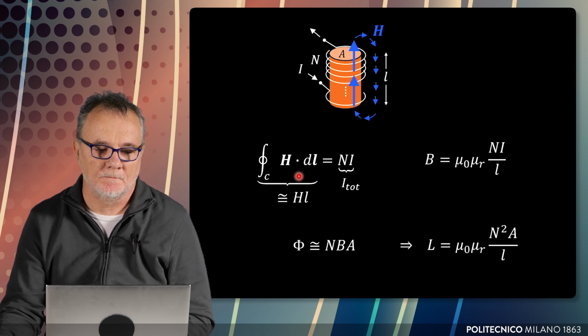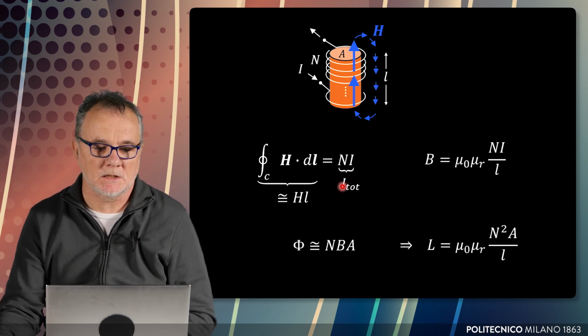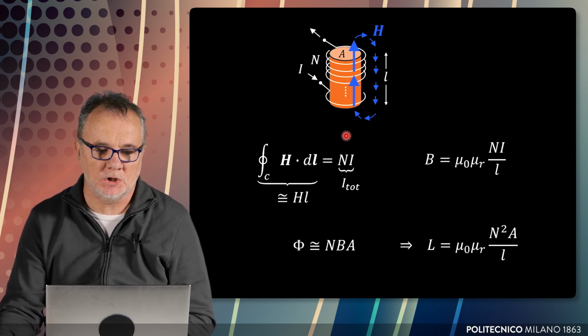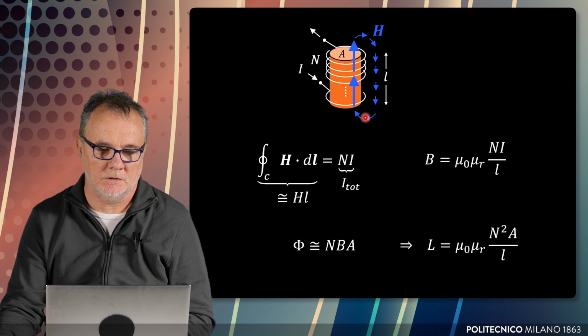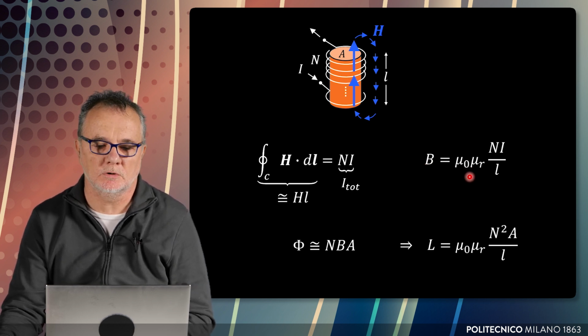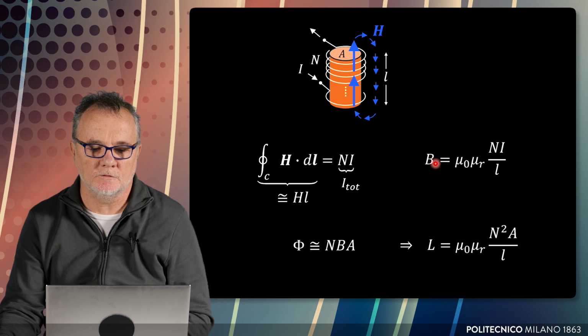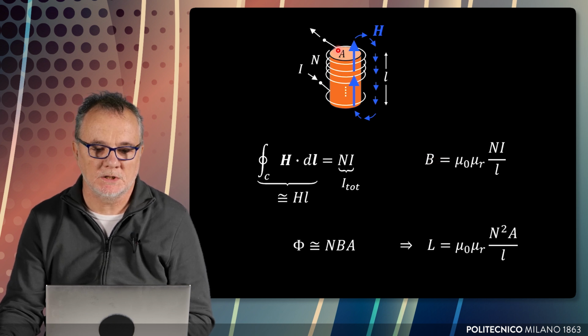So the circulation of H can be approximated quite roughly as the product of the value of H times the length of this solenoid. And B is simply mu, it is mu r times mu naught, times the magnetic field obtained from this expression, which is simply Ni divided by L. So what is the flux of this B through a single loop?